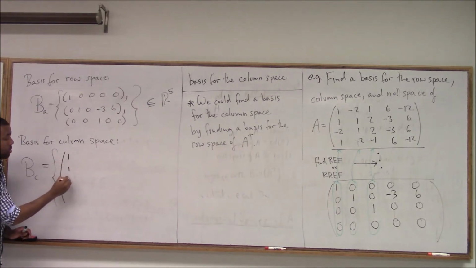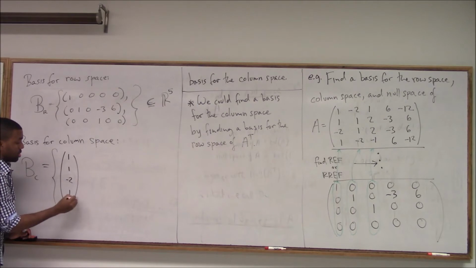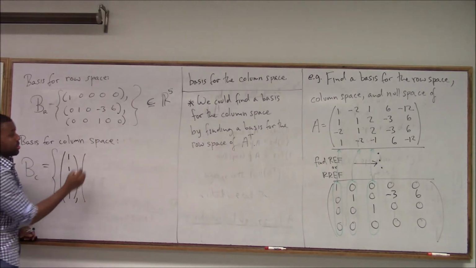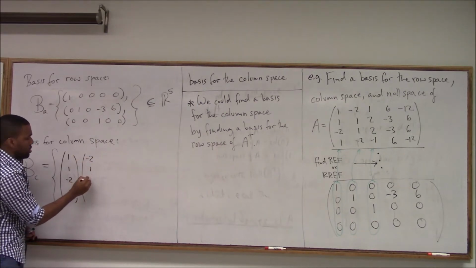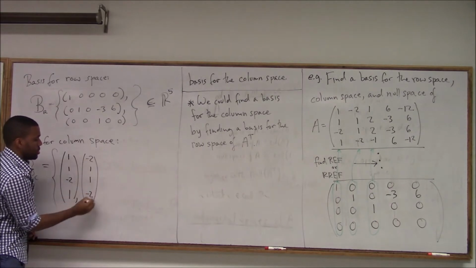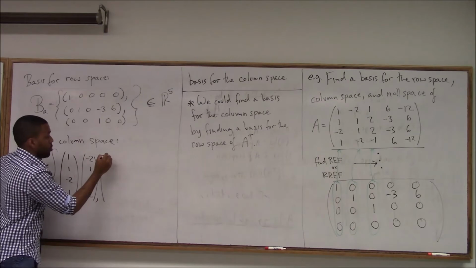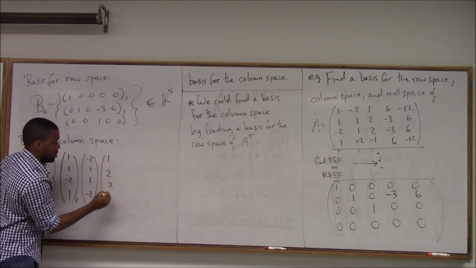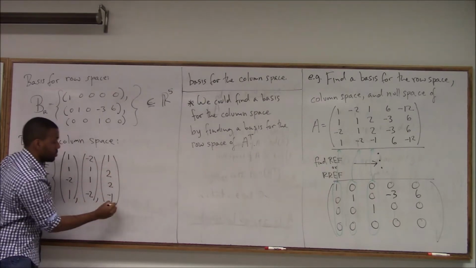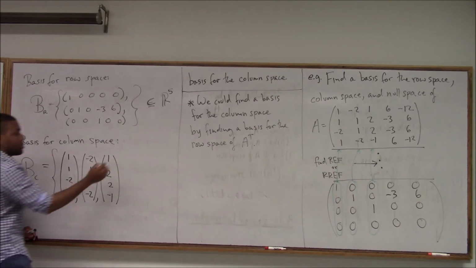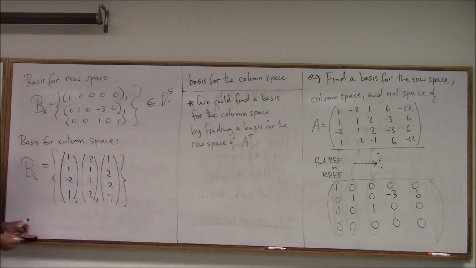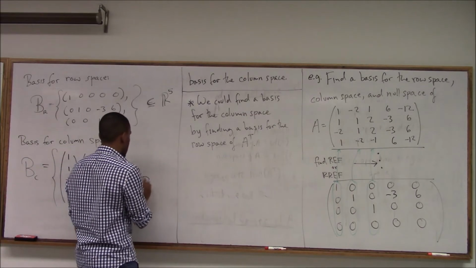So it's (1, 1, -2, 1), comma, (-2, 1, 1, -2), comma, (1, 2, 2, -1). So these guys live in R4.